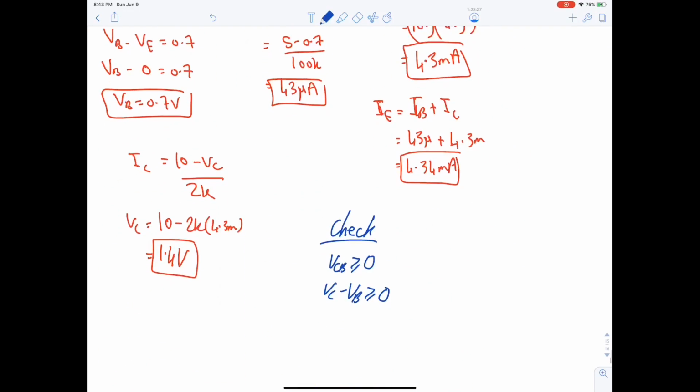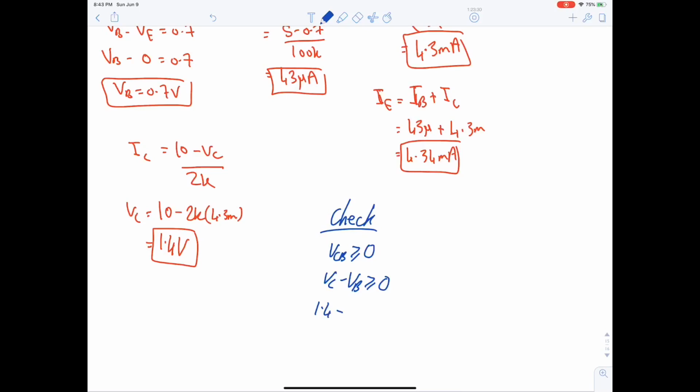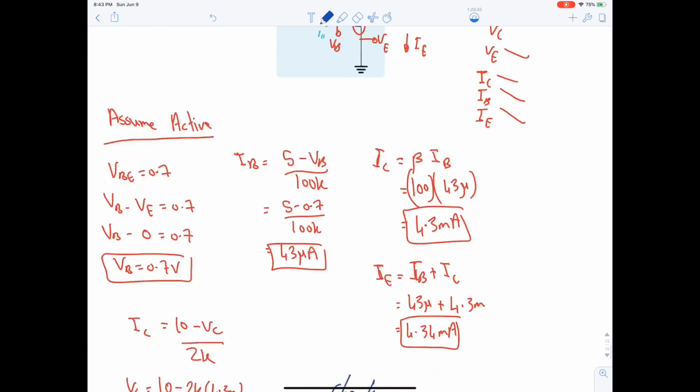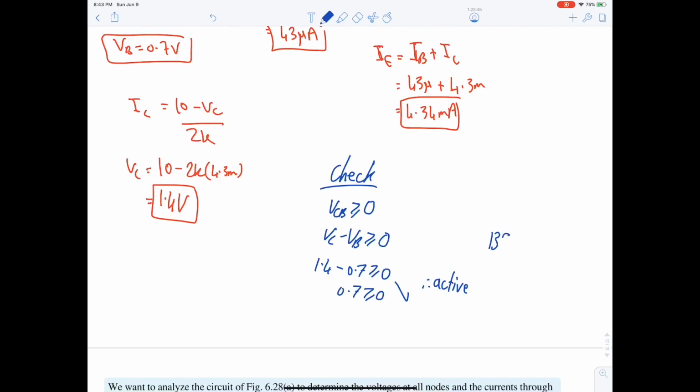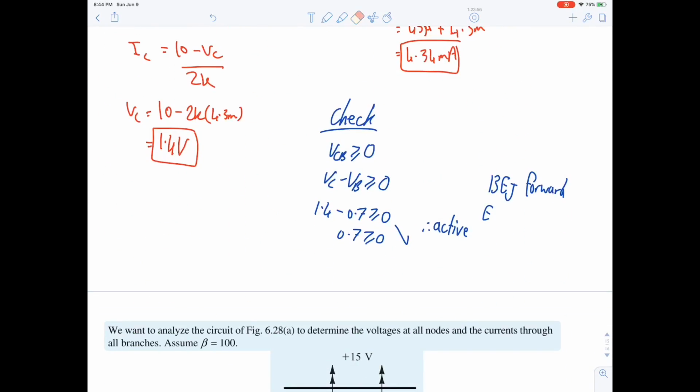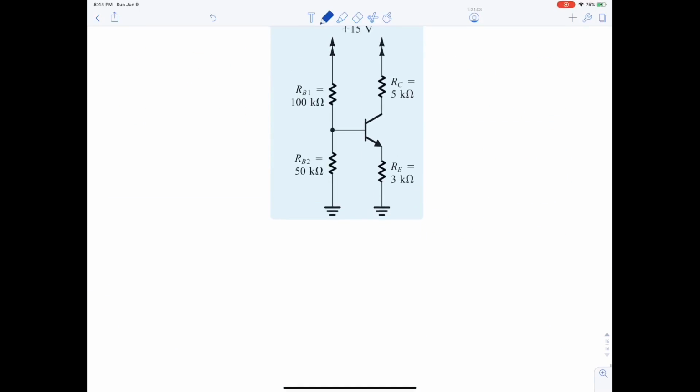VC is 1.4, VB is 0.7, so 0.7 is indeed greater than 0, therefore active, and the two junctions are CBJ reverse and BEJ forward.